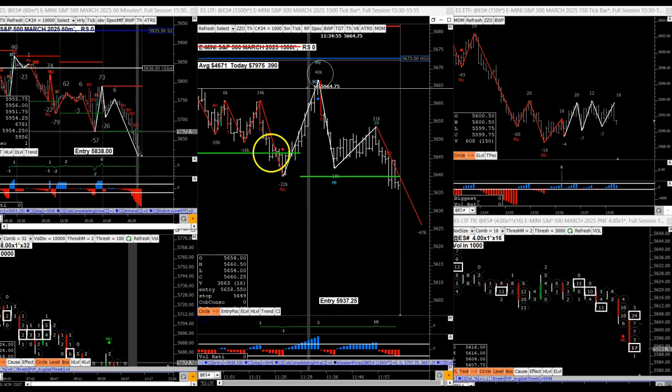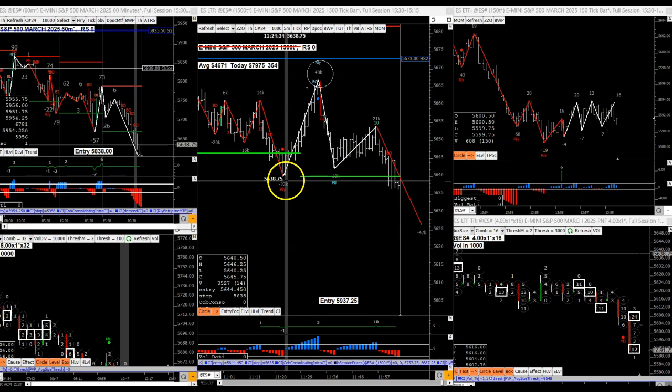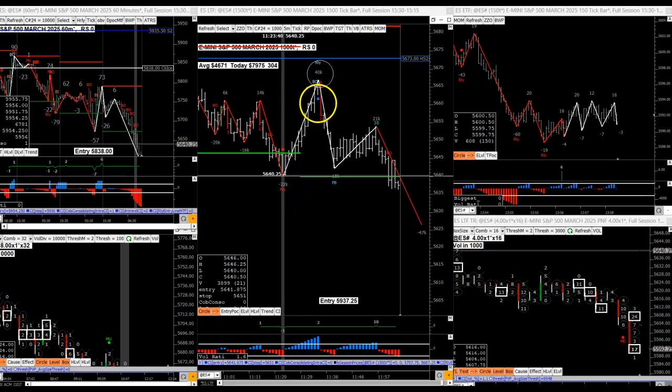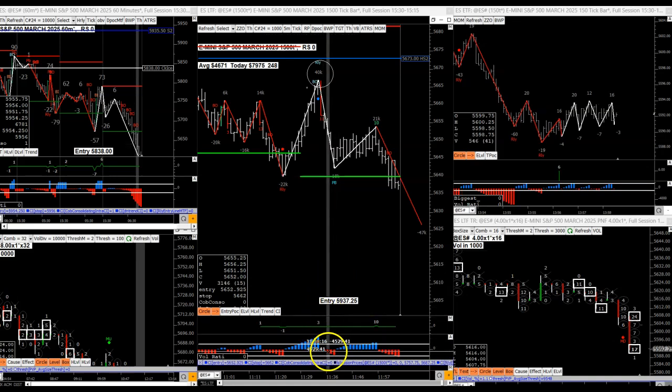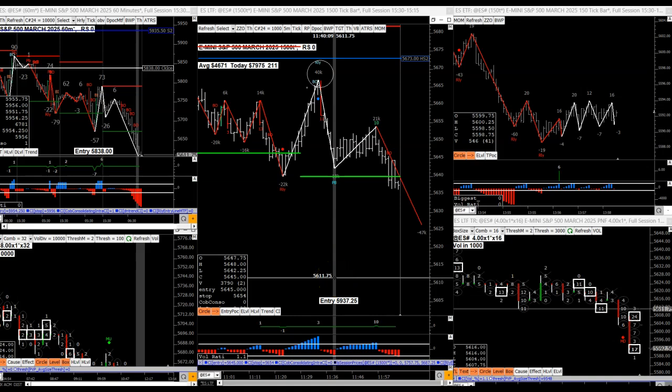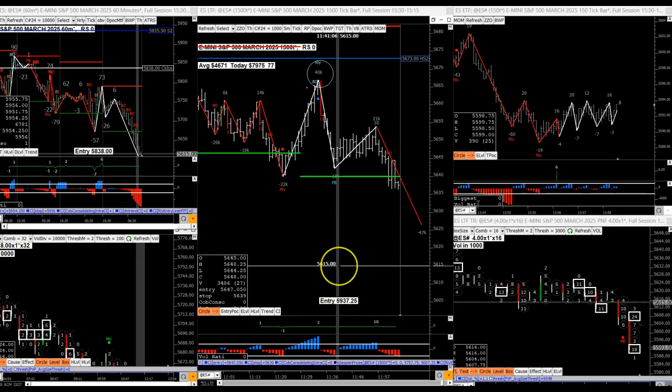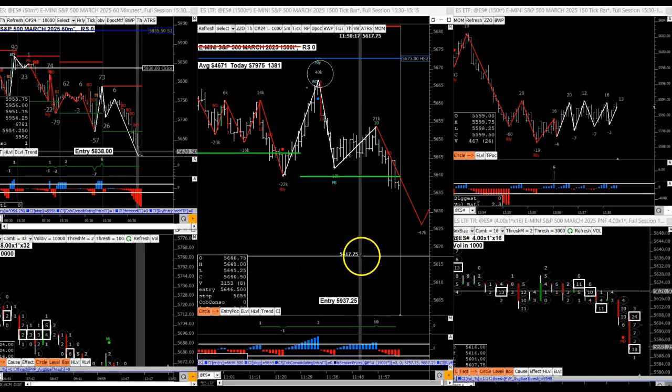So someone's either covering or buying. It looks like buying activity, right? And then it pulls back on less than average volume, or around average, nothing spectacular.